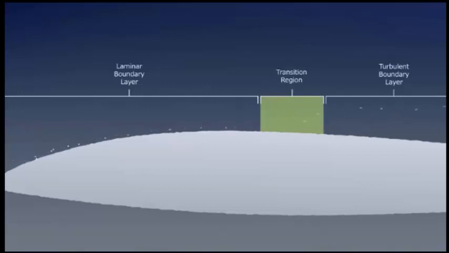The transition region is identified by an increase in height and has more turbulent swirls as compared to the laminar boundary layer. Molecules farthest away from the wing surface tend to move at faster velocities and are least affected by the turbulence of the boundary layer. These air molecules are in a free flow zone and contribute a minimum amount of drag.